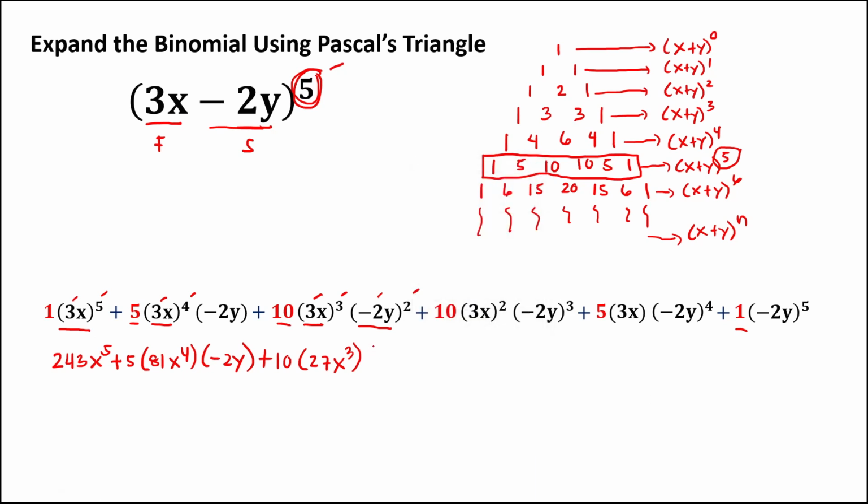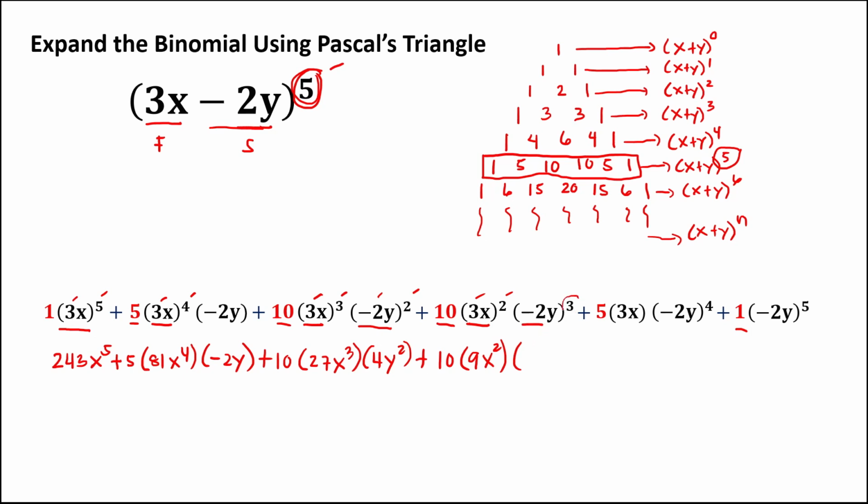So times positive 4, then y to the power 2, then plus, bring down this 10, then times this 3x to the power 2, this one is 9, then x to the power 2, then times, again the base is negative, so put inside the parentheses.